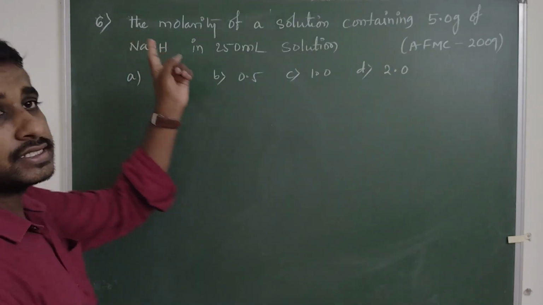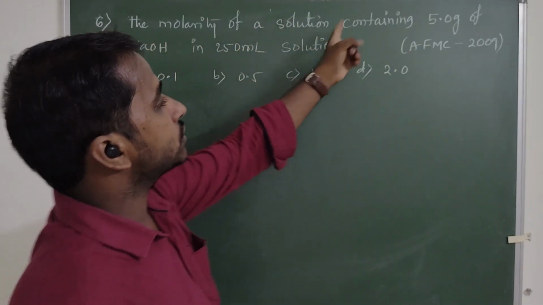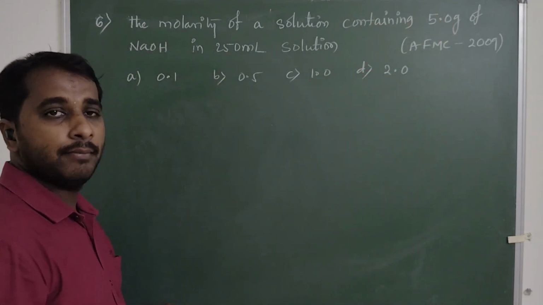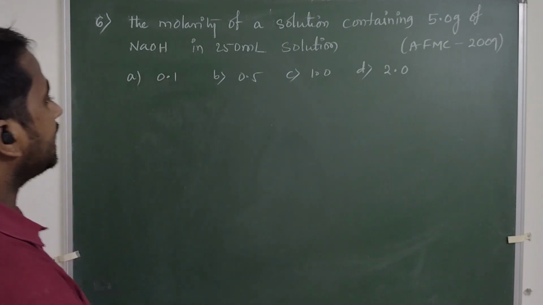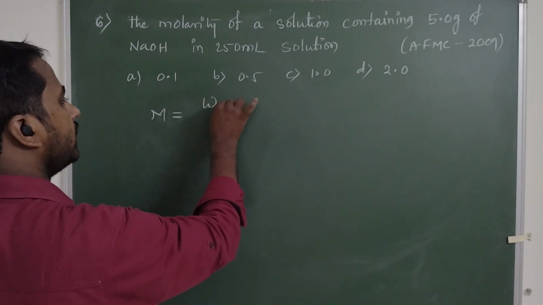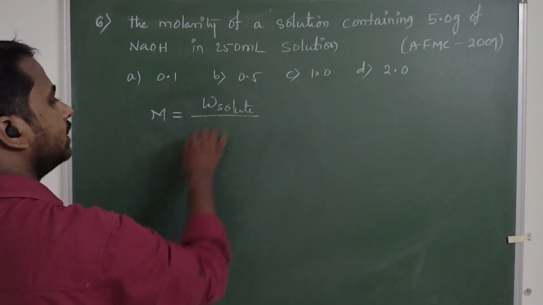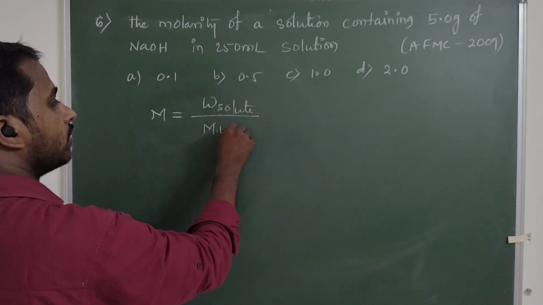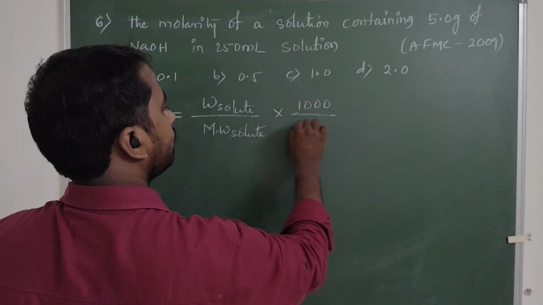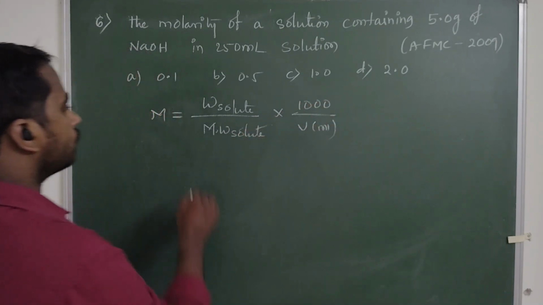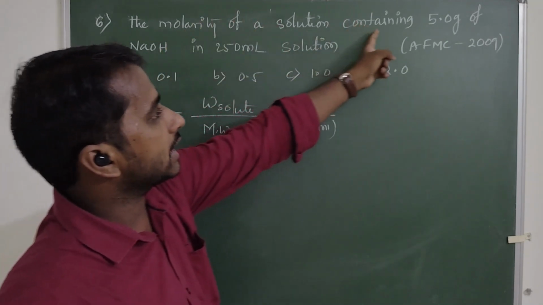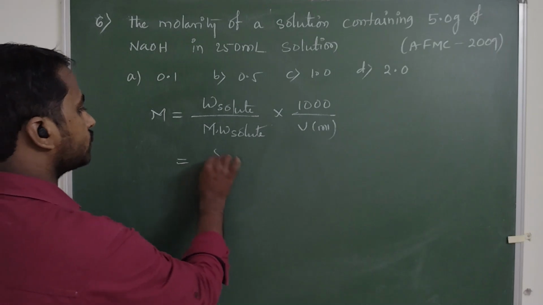So our question is the molarity of a solution containing 5 grams of NaOH in 250 ml of solution. What is the molarity formula? Capital M is equal to weight of solute by molecular weight of solute into 1000 by V in ml. The weight of the solute is given, 5 grams of NaOH.